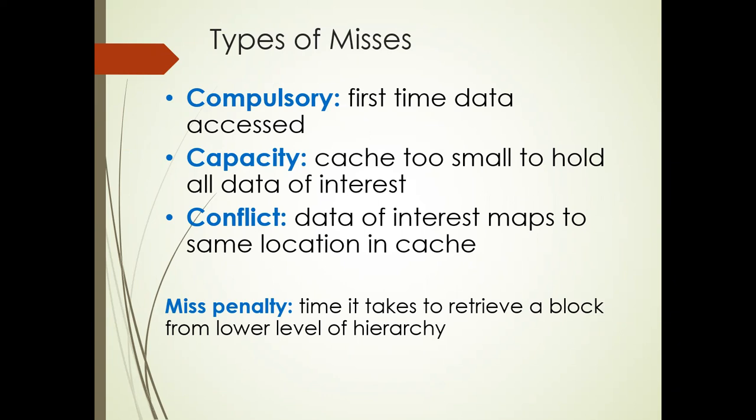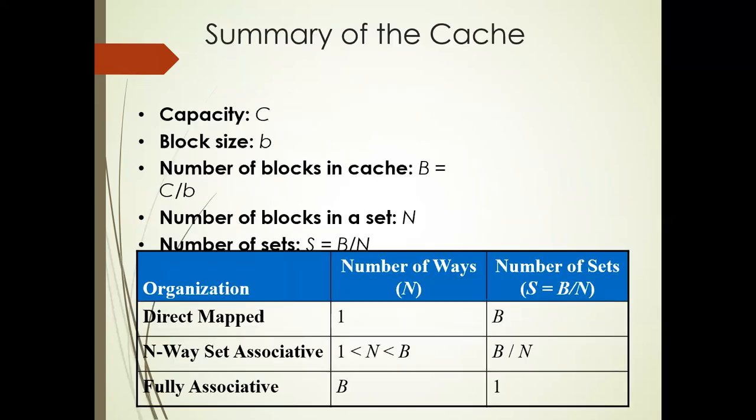So if the cache is full, then you need to replace, and this will create some conflict, some misses. You also have the conflict miss, in which the data might be mapped to the same location. If you have misses, you will have to pay a penalty, and the penalty will be the time needed to copy the data from the lower level in the hierarchy.